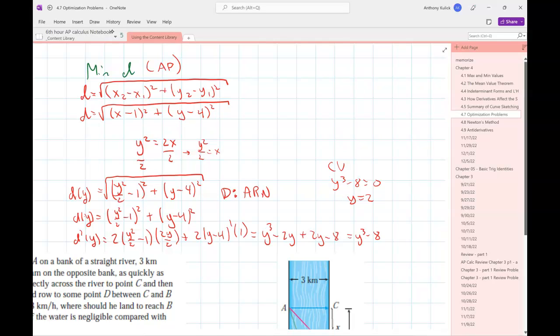Aren't there 2 other answers? Yeah, there are. What are they? They're imaginary. How can Mr. Kulik look at that on sight and tell that the 2 other solutions of that cubic polynomial are imaginary without doing any work?